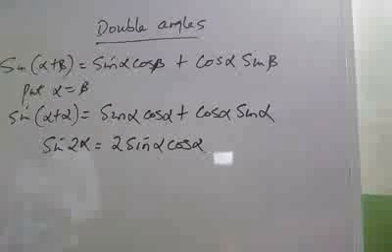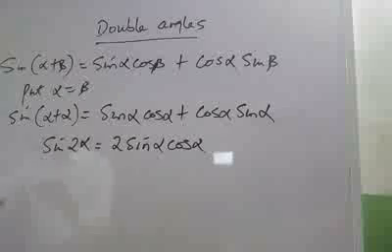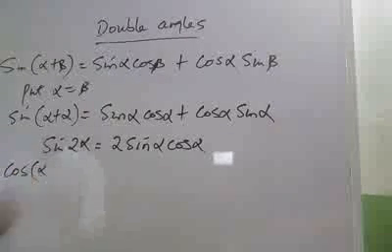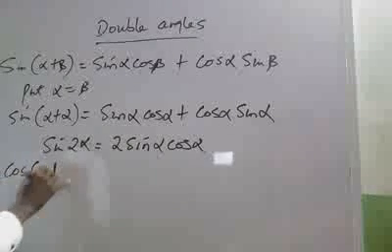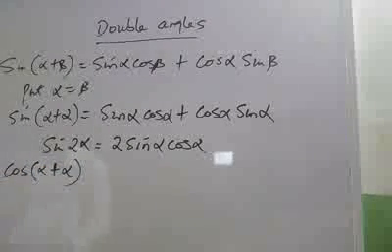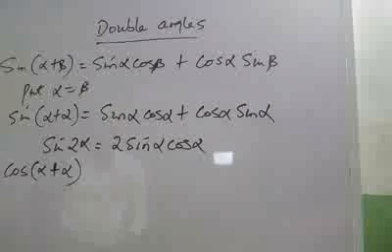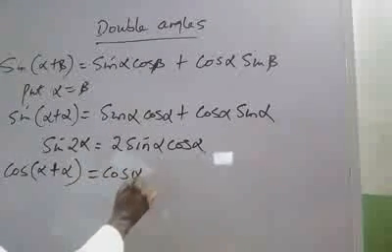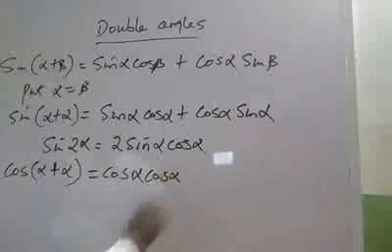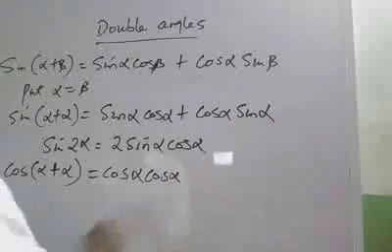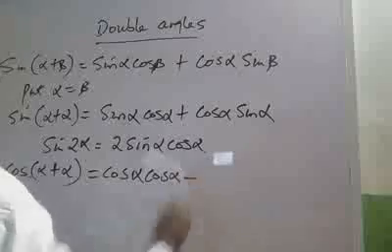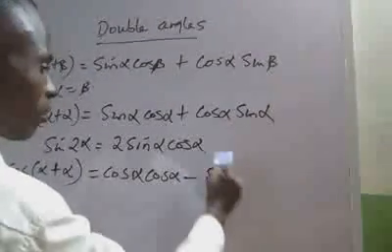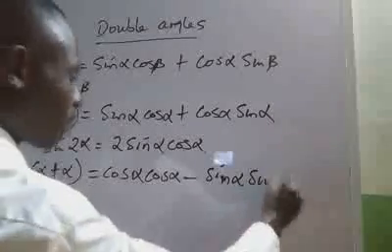Then we have cos alpha plus beta. Cos alpha plus alpha will be equal to cos alpha cos alpha minus sine alpha sine alpha.